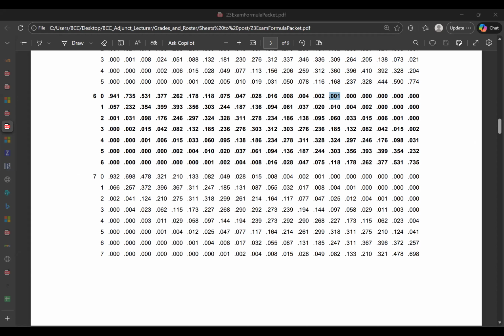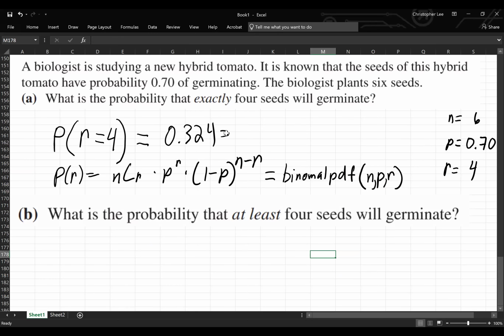Oh, shoot. I'm so sorry. I'm here writing and y'all can't even see what I'm writing. Thank you for telling me. That's my fault. There you go. So you could use a table and just tell me the answer, or you could go in the calculator.